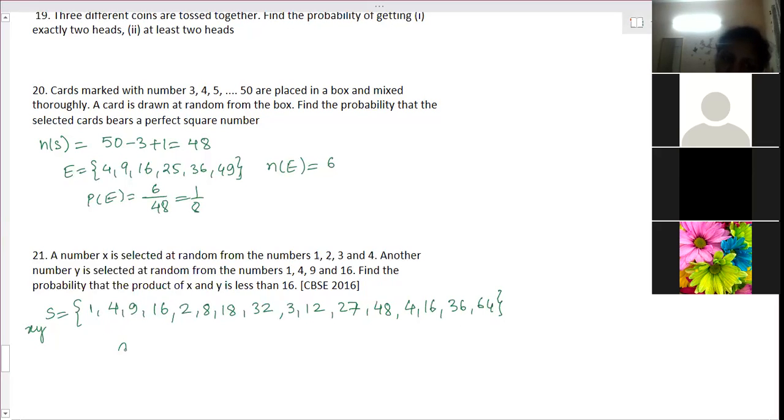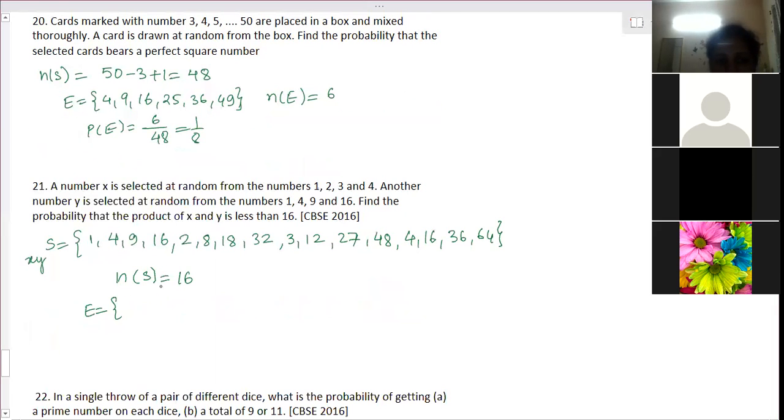Now what are the total outcomes? 16. So what are the favorable outcomes? Less than 16: 1, 4, 9, 2, 8, 3, 12, 4.